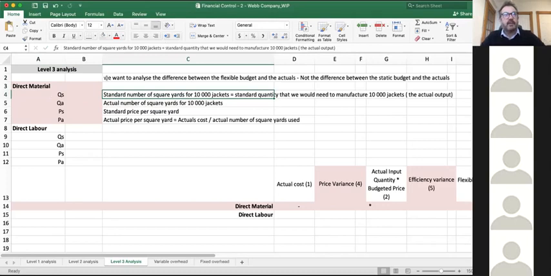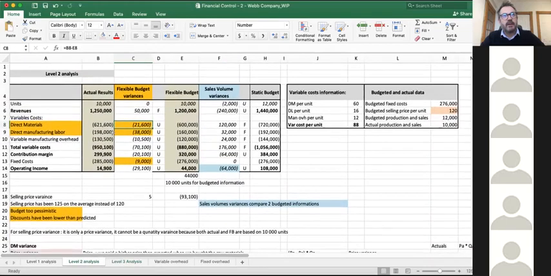Okay, so again, we are analyzing this one, right? 21,600. You can see that this 21,600 is between two pieces of information built on 10,000. As we were explaining earlier, we do not want to compare a budgeted information for 12,000 and a real information for 10,000 because it's not important for us.